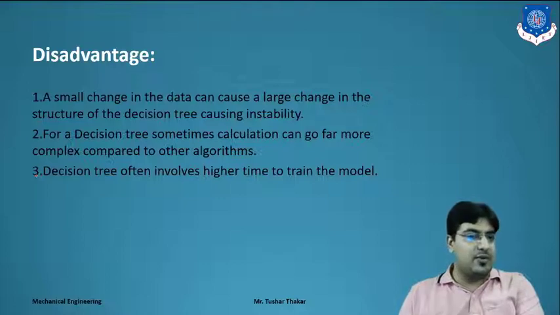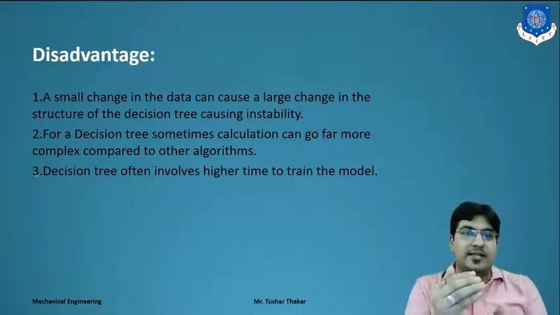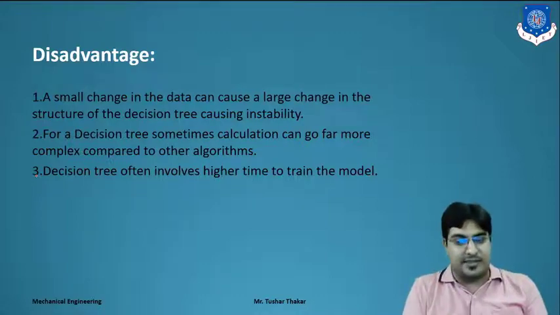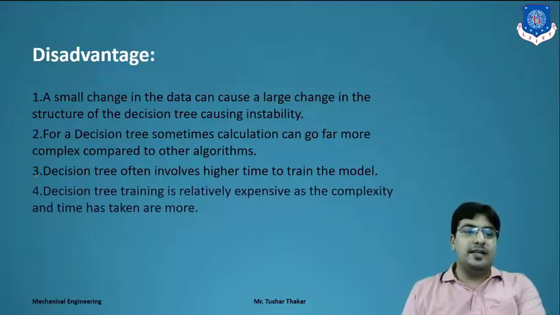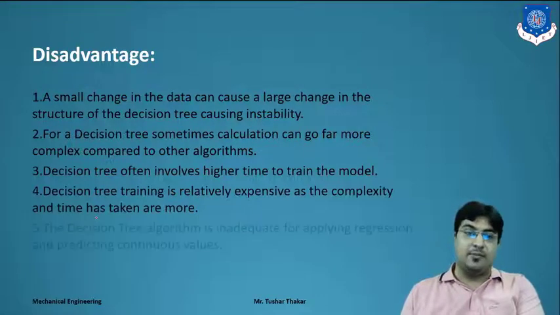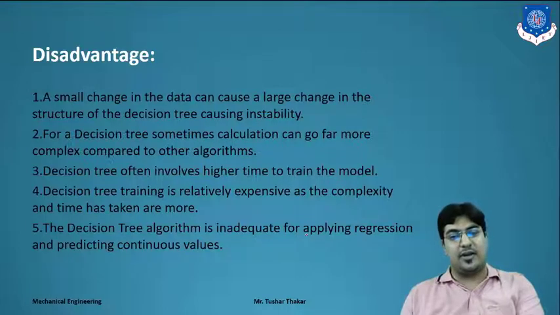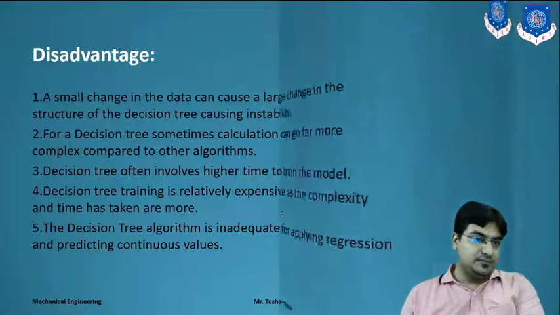At that time you have to calculate many more nodes and branches, and you get complexity. Fourth, decision tree training is relatively expensive, as the complexity is high and more time is taken. The last disadvantage is that the decision tree algorithm is inadequate for regression and predicting continuous values. When we apply regression, it becomes very complex.